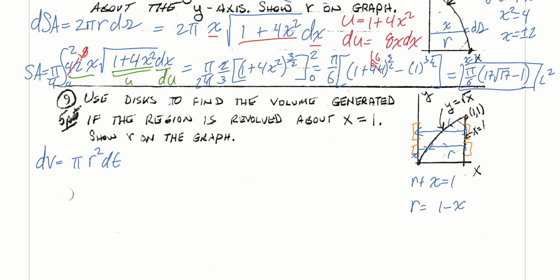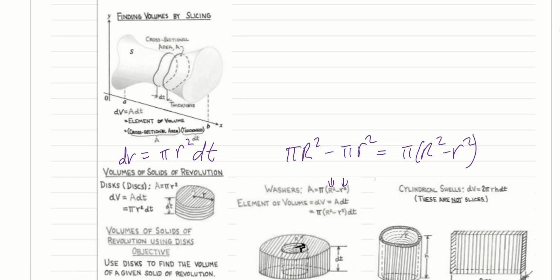All right, so now I need to figure out if I'm going to be doing this in terms of x or in terms of y. So your strip for a disk, we're going to go back to that little review worksheet here.